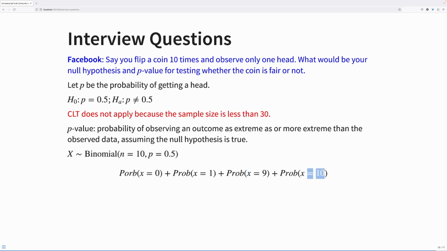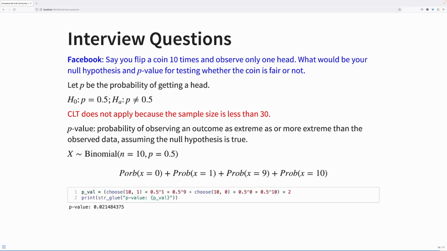Because when you perform a two-tail test on a set of data, you are interested in deviation from the expected mean in either direction, not just the direction you observed. So we have to calculate the sum of these 4 probabilities. We use R to calculate them: we calculate the probability of x equal to 0 and x equal to 1, and then we double it. The p-value we get here is 0.02.